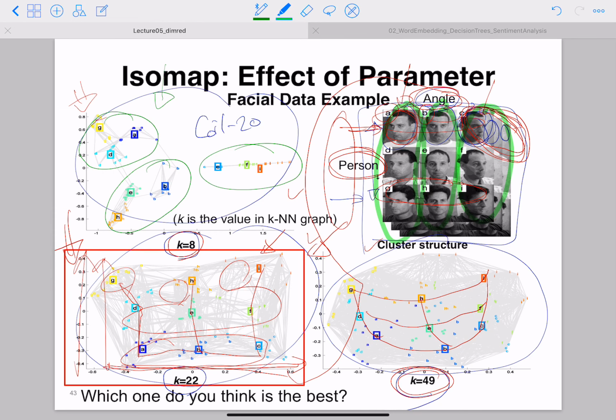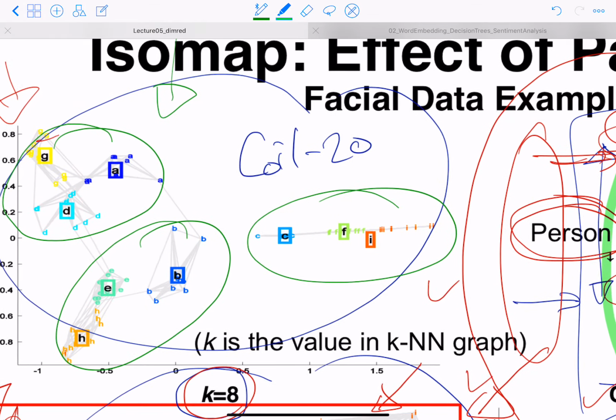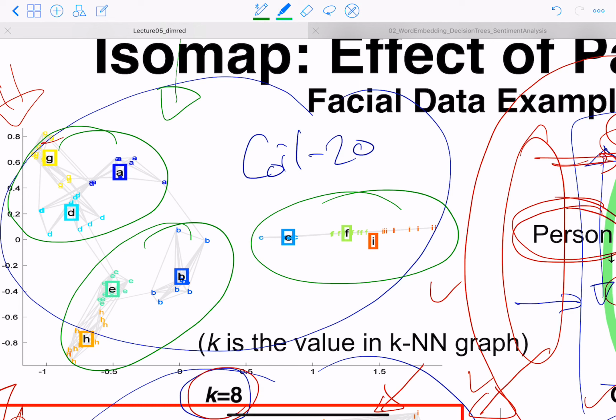We can conjecture that in our pixel space, the differences caused by angle or by person ID, which one has larger distances? Probably the distances caused by angle are larger than those caused by person ID, and that's why we probably obtain clusters with respect to different angles.